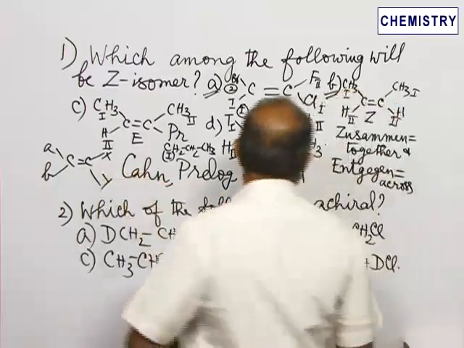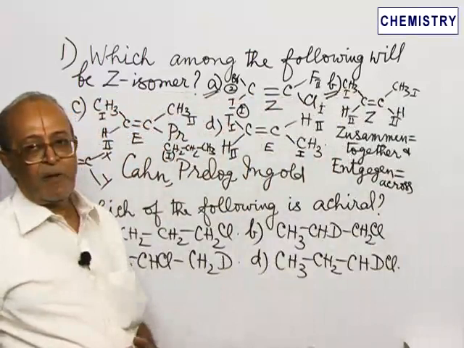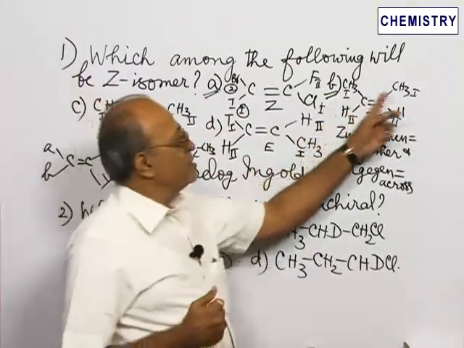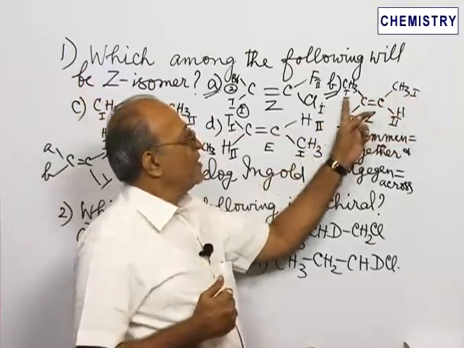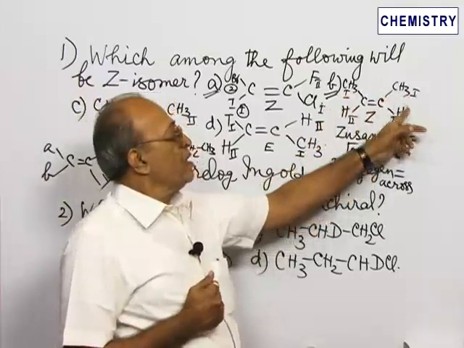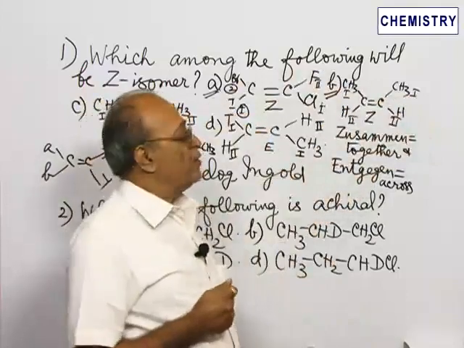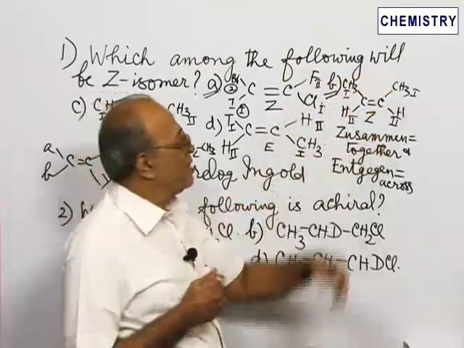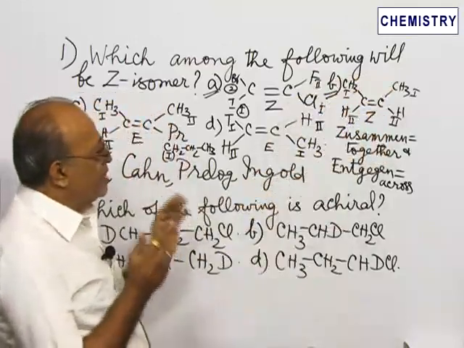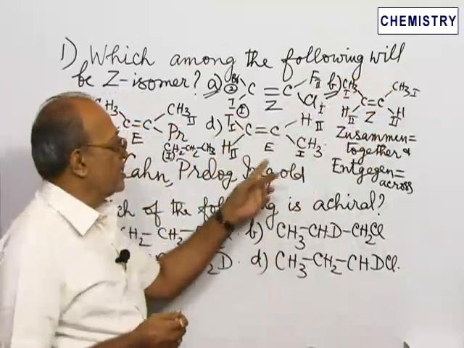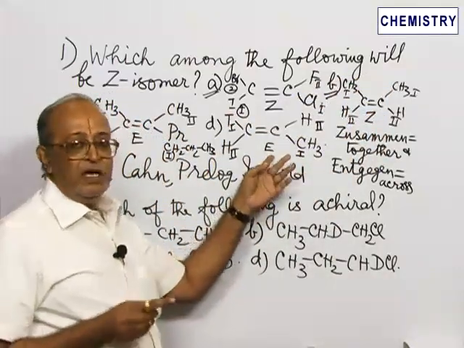And as I have mentioned, if similar priority substituents, for example, take the case of B, are on the same side, it is known as Z isomer, and if these substituents are across, in opposite direction, it is said to be E isomer.